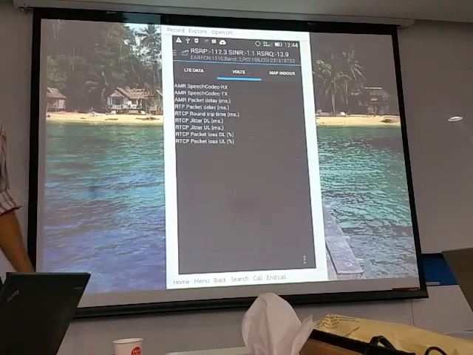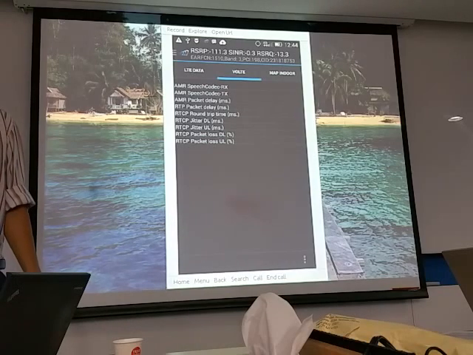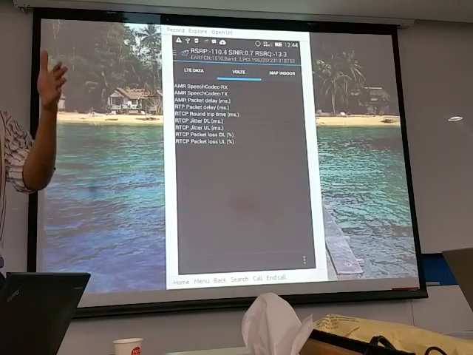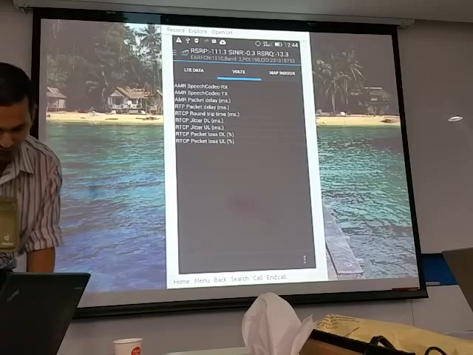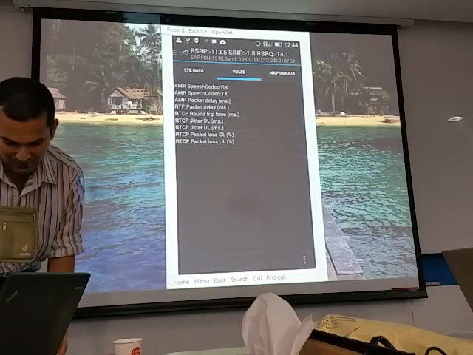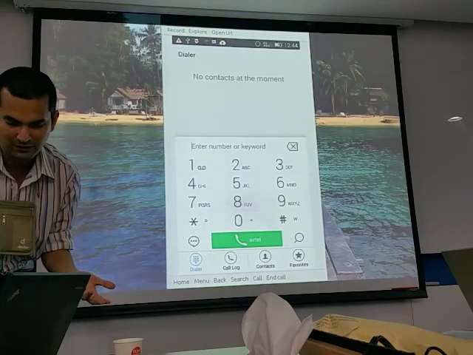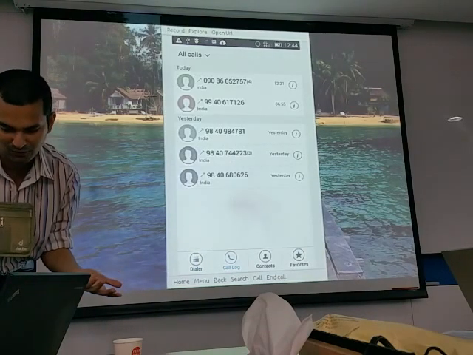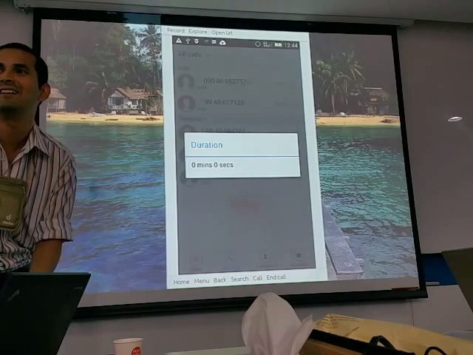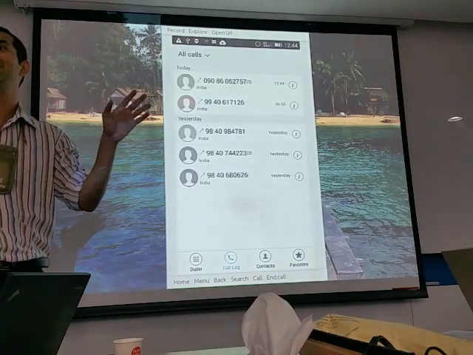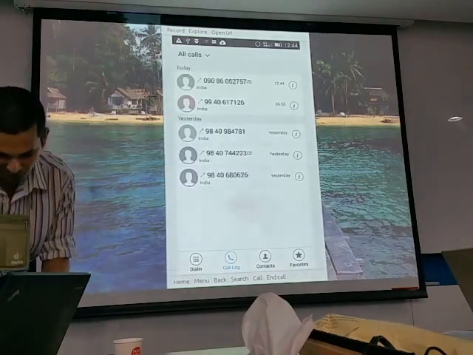Let us try something like CS fallback. Now we are forcing LTE only. If I do a CS voice call now, it might not call because there's no voice over LTE. See, it's not calling because we are forced to LTE only. So what to do?